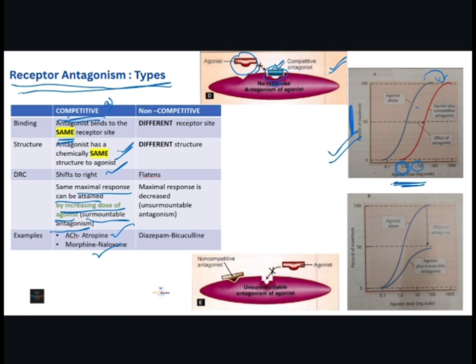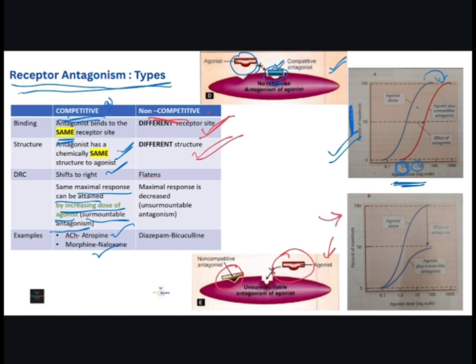Now coming to non-competitive antagonism. See this picture? Here the agonist and antagonist are binding to different binding sites, and they also have a different structure. Now please look at this DRC.